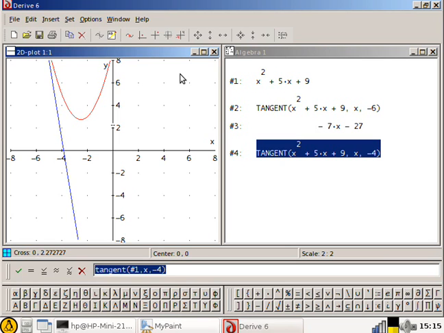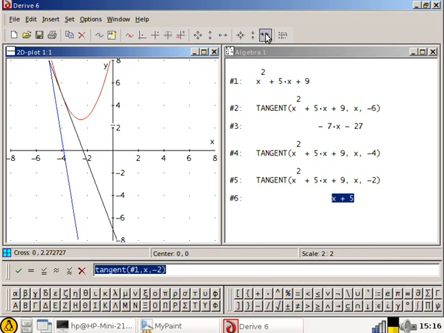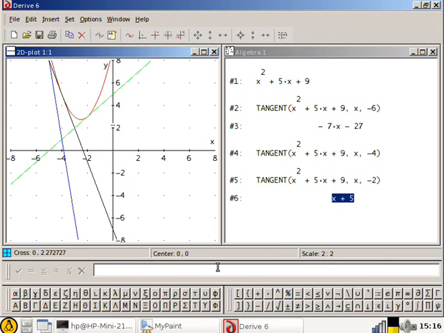You can try and draw this as well if you can. It'll help to explain the second derivative. So there it is at -4, and then we'll do a couple more. I'll do -2 and then 0. Tangent of my equation when x is 0.